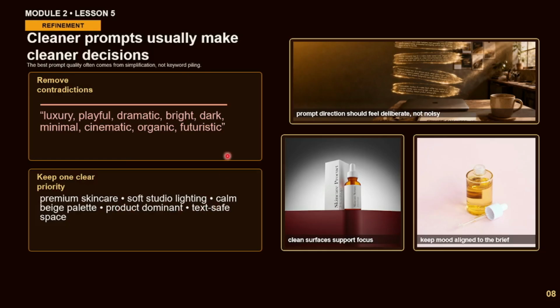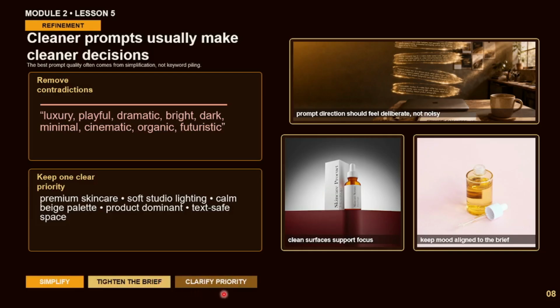So you don't have to mix all of these words at once. Because when you put luxury, you cannot come and put dramatic again. You cannot mix things up, it doesn't make any sense. So you can see the final version, you get to have simplified everything and tightened the brief. You have a layer that is clear.